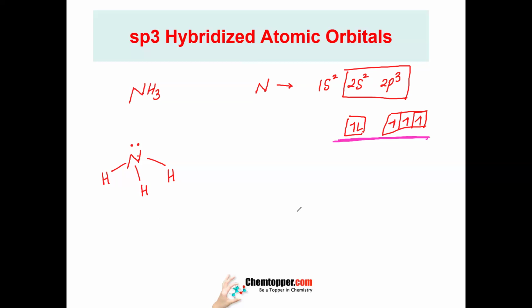You mix all of them because you need four. So you have to mix this 2s with these 2p's. After mixing, how many orbitals am I getting, children? Four. One, two, three, four. Now these two are paired already. These three are.